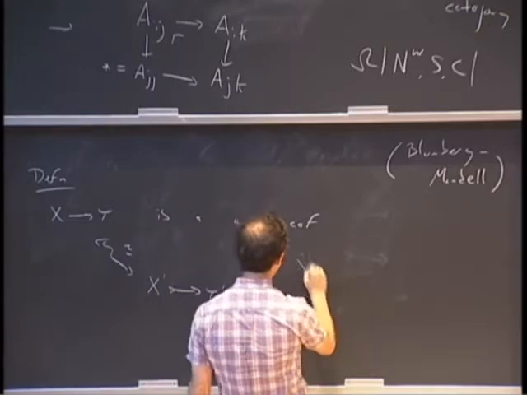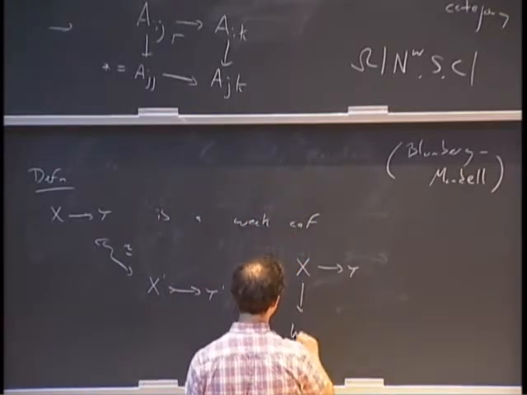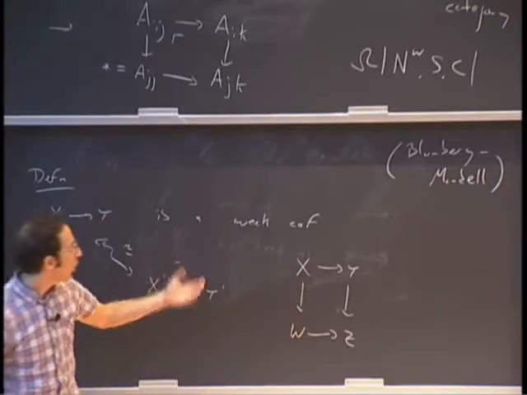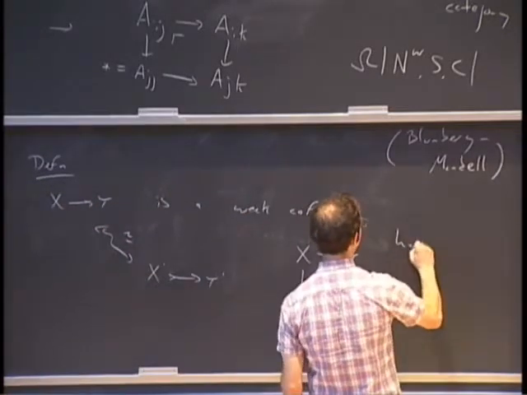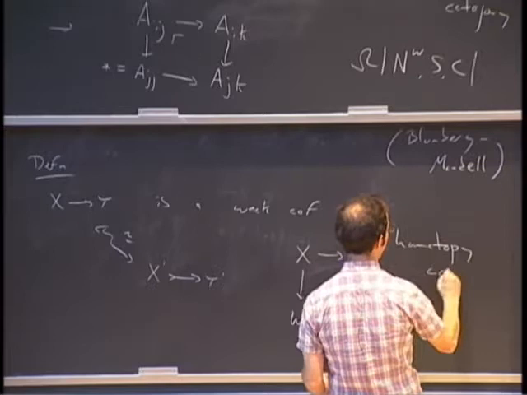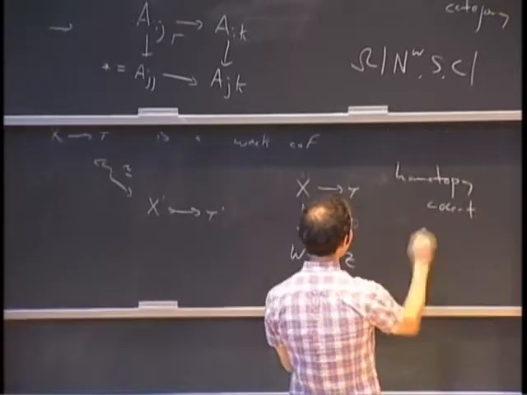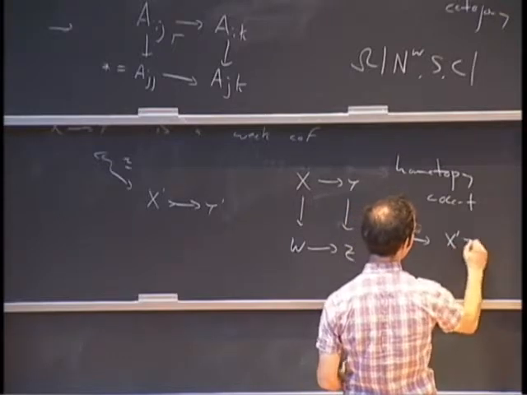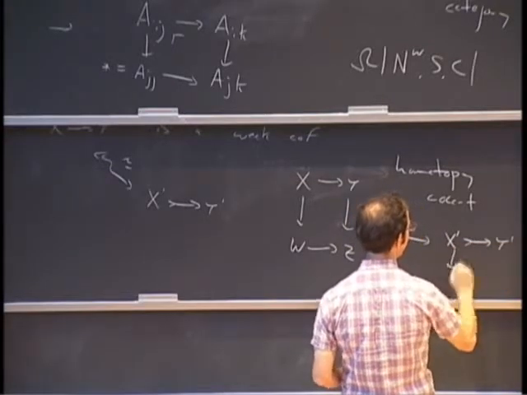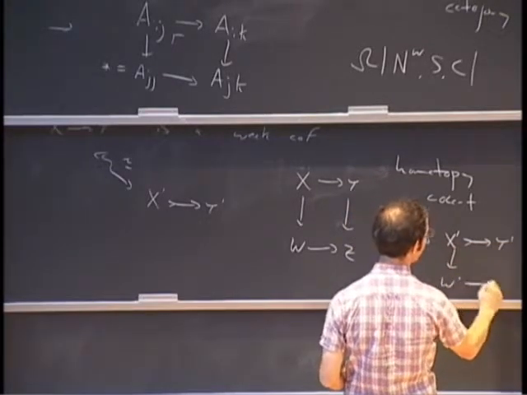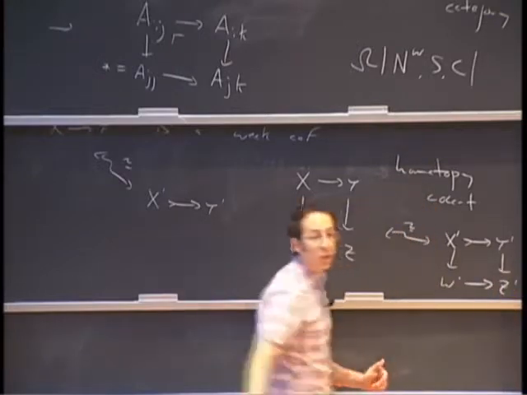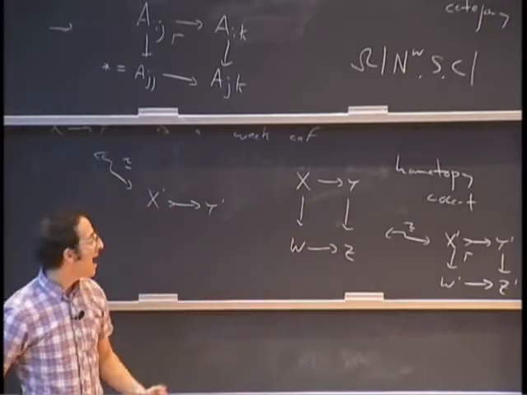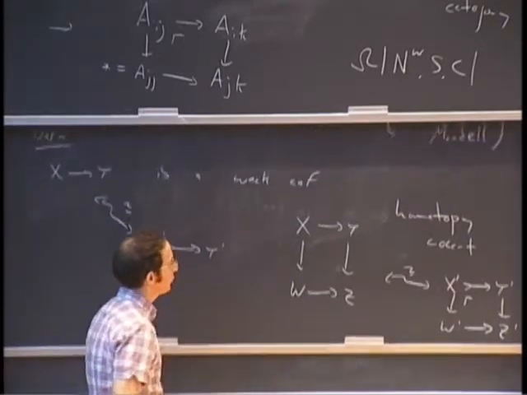And I'll say that a square x to y to w to z, a commuting square, is a homotopy co-Cartesian square if it's equivalent via zigzag to an actual push-out along a cofibration. OK?